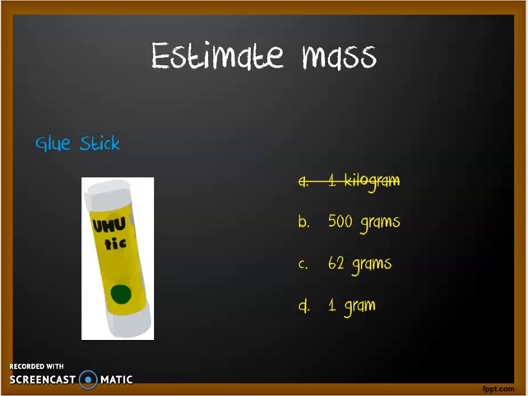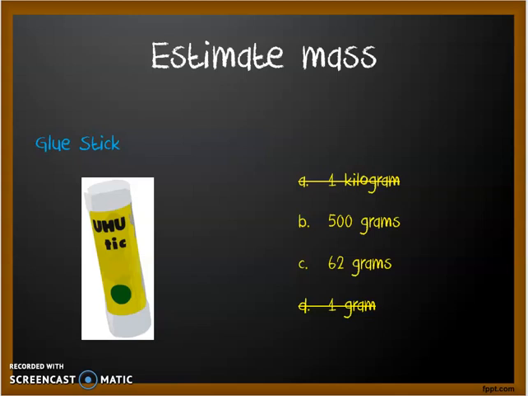They do not have about the same mass. So that's a no. And I also know I could get rid of 1 gram, right? Because I know that 1 gram is 1 paper clip, and I know a glue stick is not the same as 1 paper clip. The paper clip is too little to be the same as the glue stick.